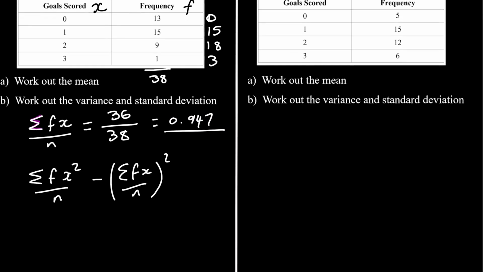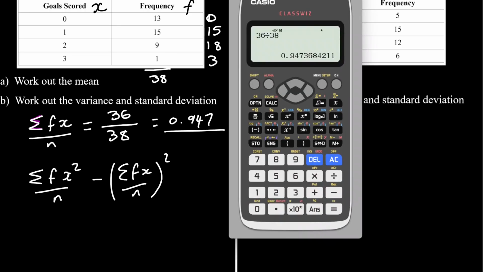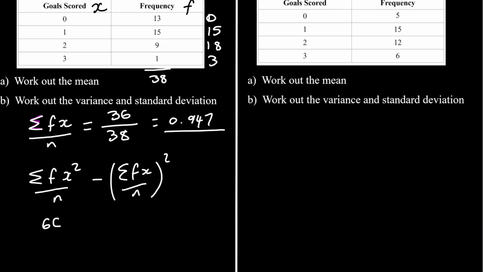Then our variance, the sum of the fx squareds. So it's 13 times 0 squared plus 15 times 1 squared plus 9 times 2 squared and 1 times 3 squared. So that is 60. That's the sum of the fx squareds. 60 over 38 minus our mean squared, which was 36 over 38 squared.